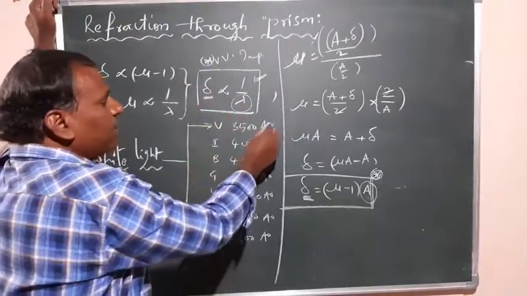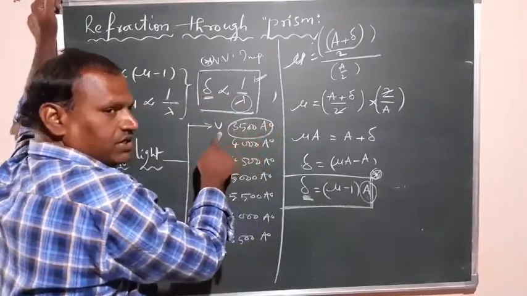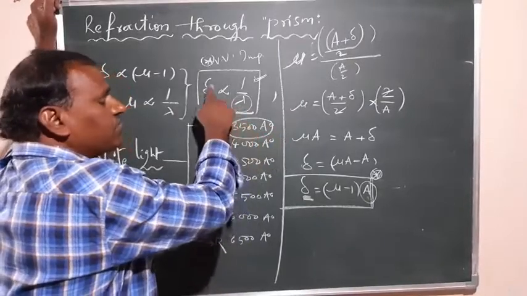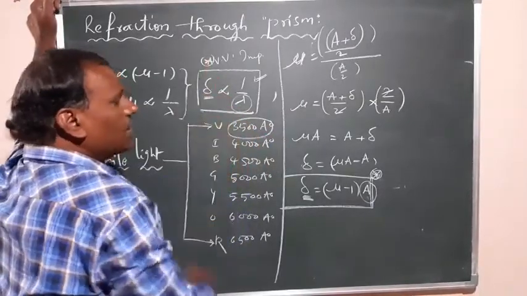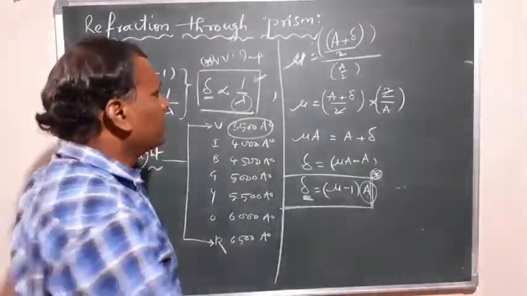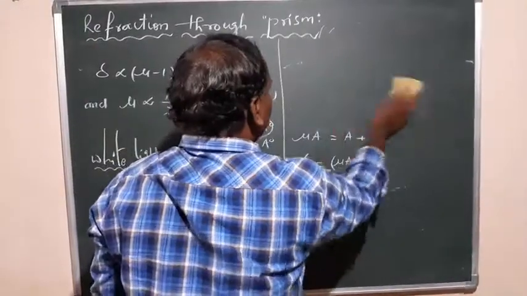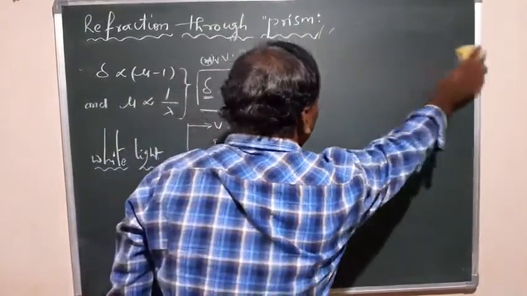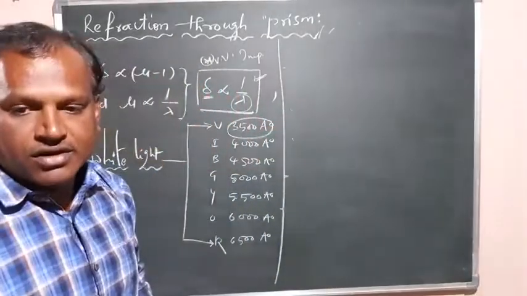Which color has the minimum wavelength? Violet. So violet has the maximum deviation. Whenever a light ray passes through the prism, the color that makes maximum deviation is violet, right?